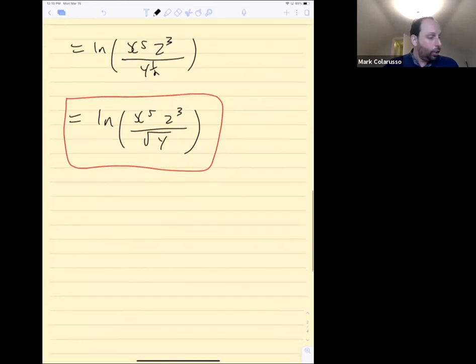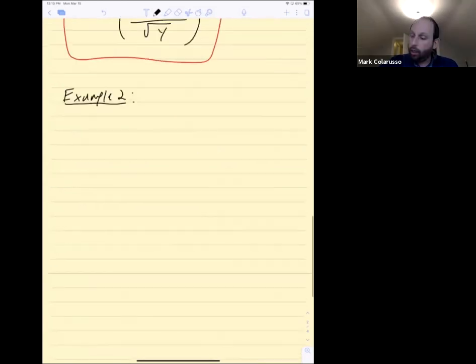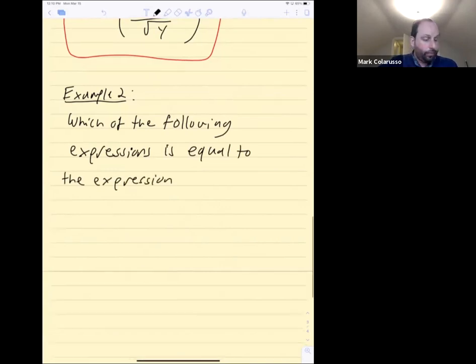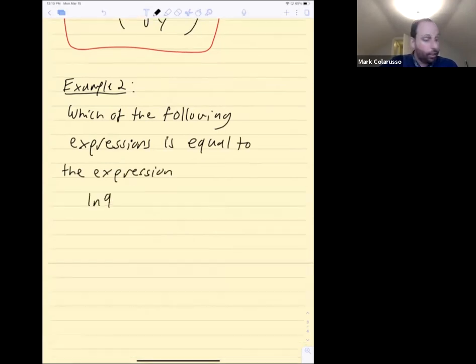Example 2: which of the following expressions is equal to the expression ln 9x minus ln 3x?